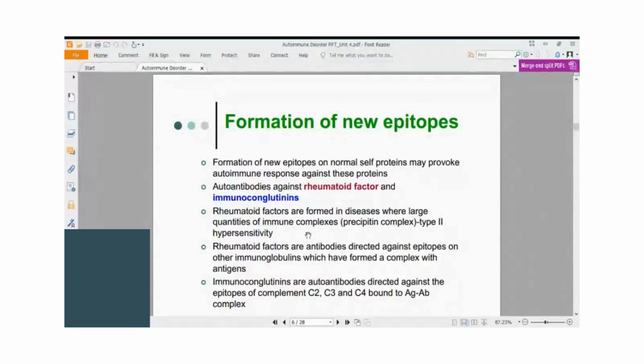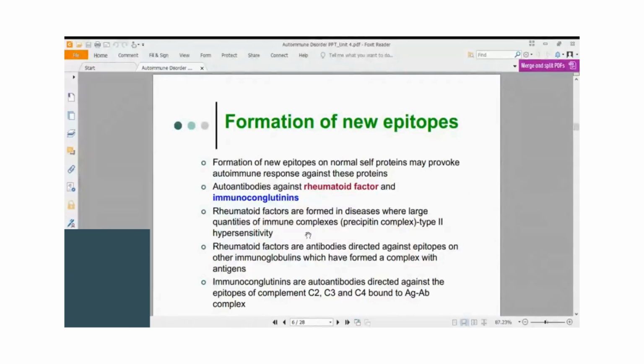They, being glycoproteins, show change in epitopes. And if that is there in the body for a long time, the body will recognize it as a foreign epitope or a foreign antigen and mount an immune response against it. And when the autoantibodies are formed against the antigen antibody complex, recognizing the complement complex, they are called immunoconglutinins.